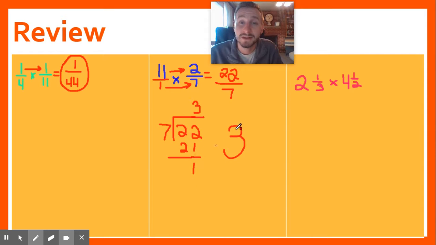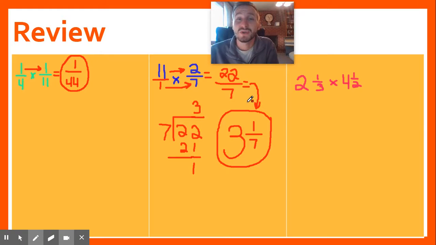You take your remainder, you put that on top. You take your divisor, you put that on the bottom. So your answer for this one is 3 1/7, because 22/7 is the same thing as this. This is just the mixed number form.